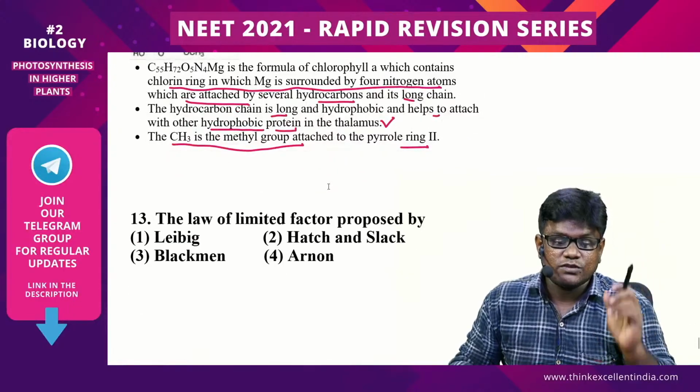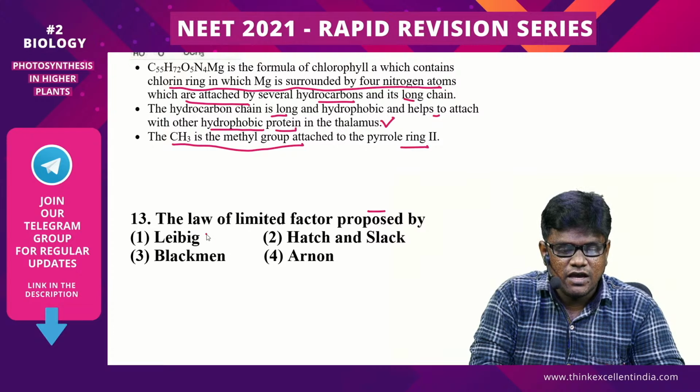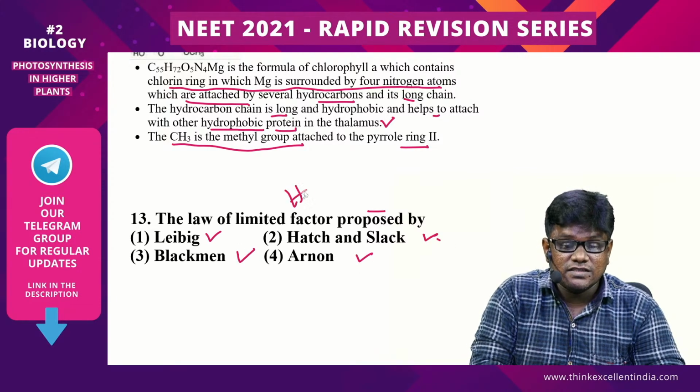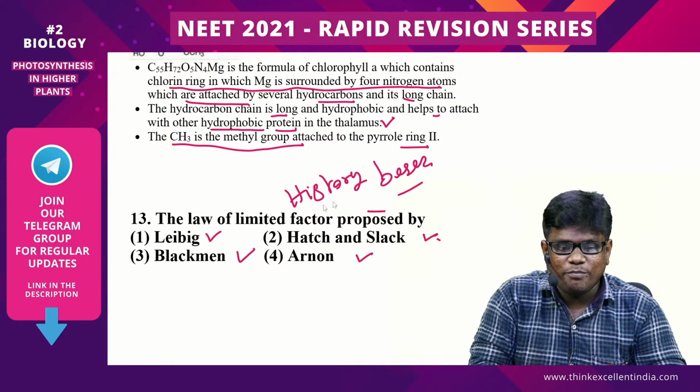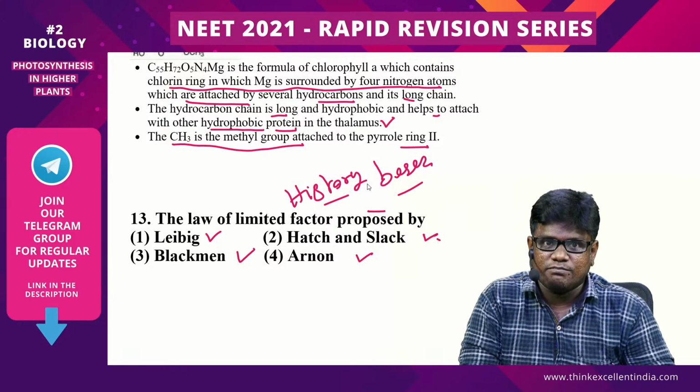Okay, so next we're going to talk about the law of limiting factors, proposed by Liebig, Arnon and Blackman. This is an example of a history based question. I hope that in this session we have included all the types of questions that we have taught just a few minutes ago.